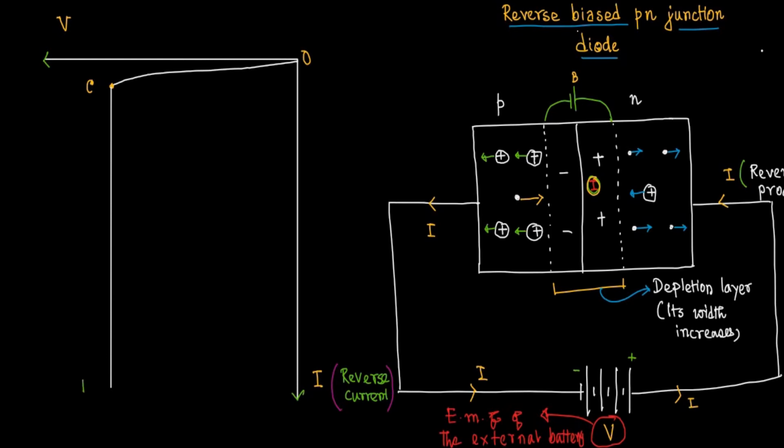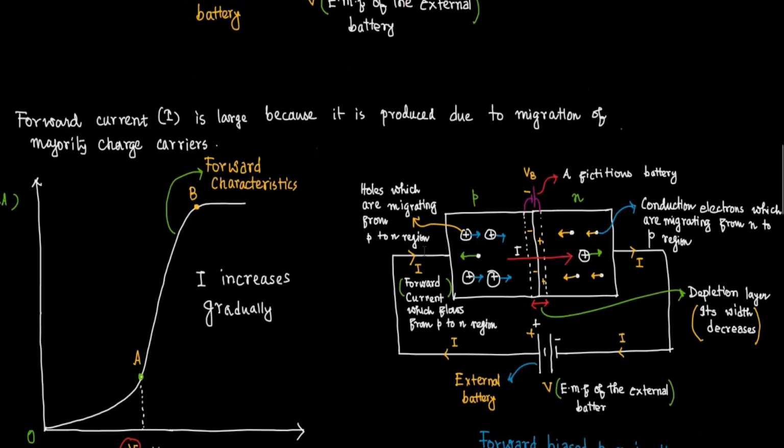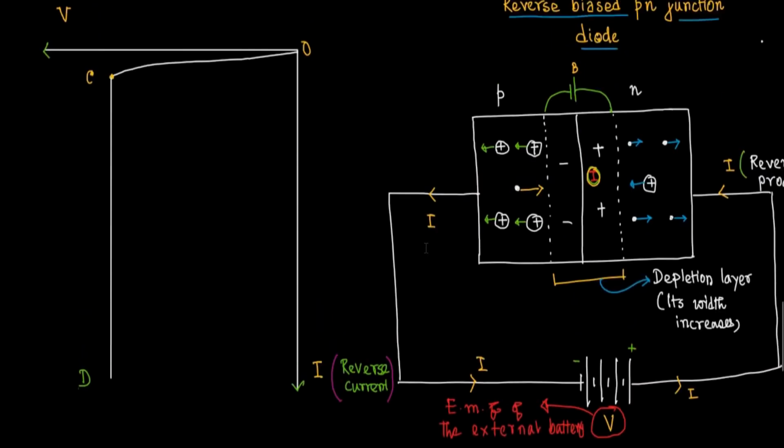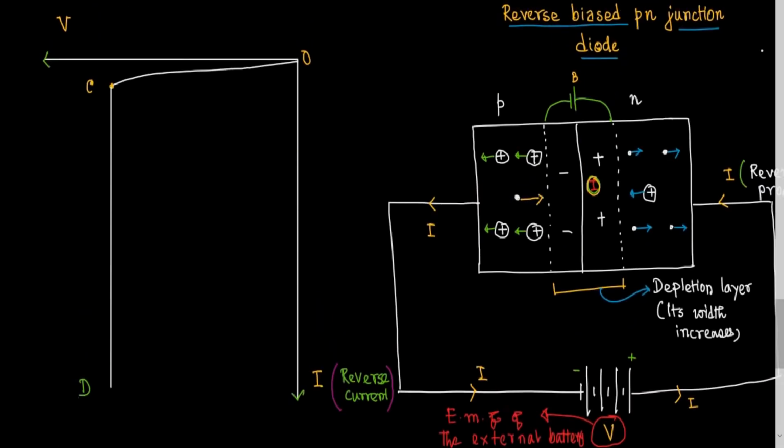And this region is D. From this point we can draw a normal. At this point, voltage V is equal to minus Vz. And this is the reverse characteristics.